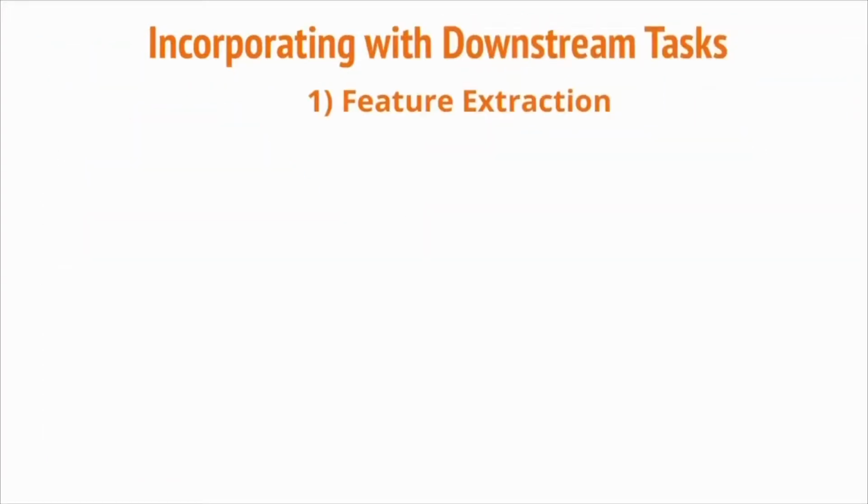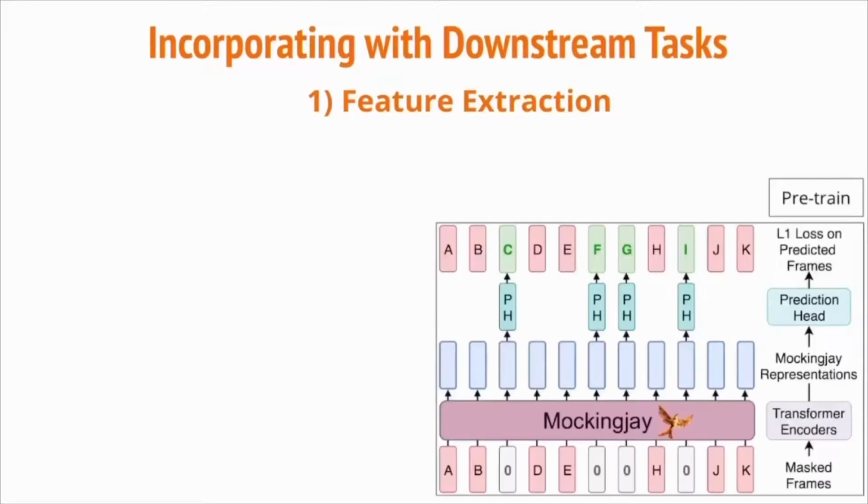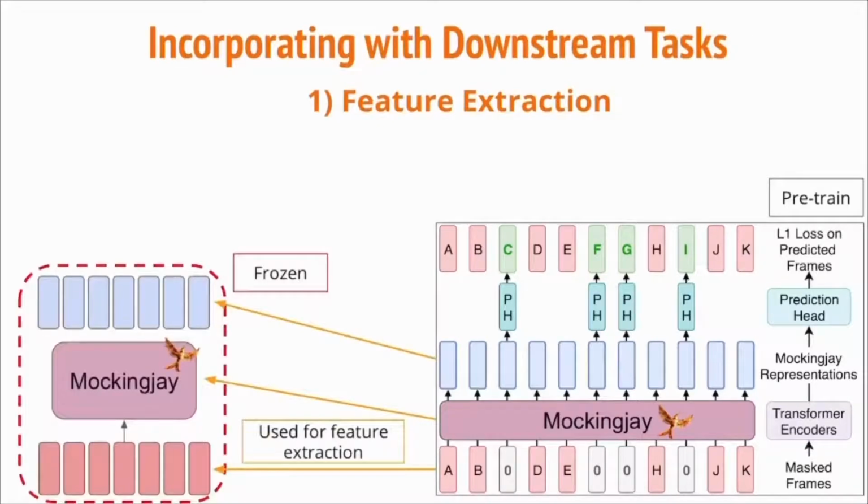There are a total of 3 ways to incorporate the pre-trained Mockingjay model with downstream tasks. On this page, we illustrate the first way, which is to extract features from the trained model and use them as speech representations. At the right-hand side, we pre-train the Mockingjay model as mentioned in previous slides. Next, we freeze the pre-trained model and use it for feature extraction.